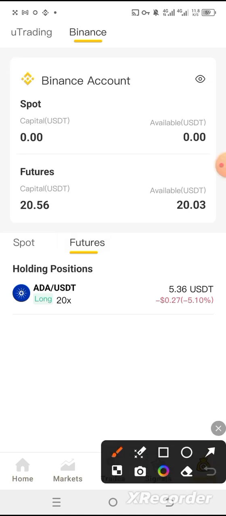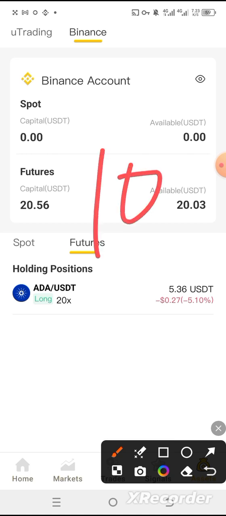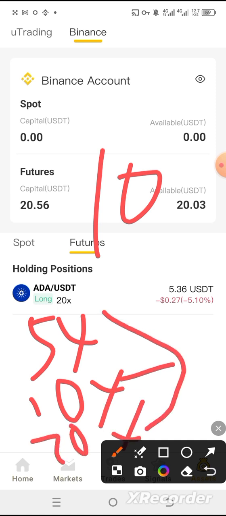So in a nutshell, if I'm trading maybe 5x, 10x, and 20x, all of this after the trade must equal $10 if I don't want to liquidate.